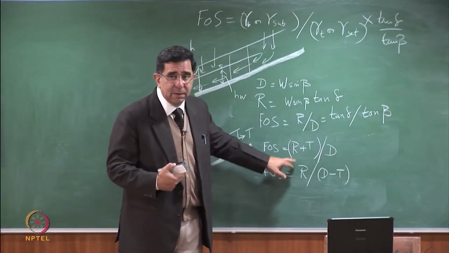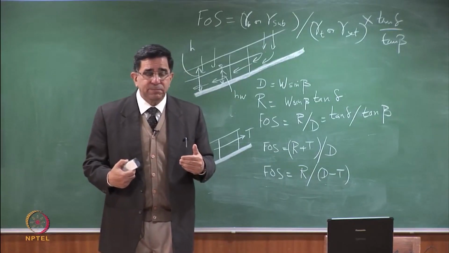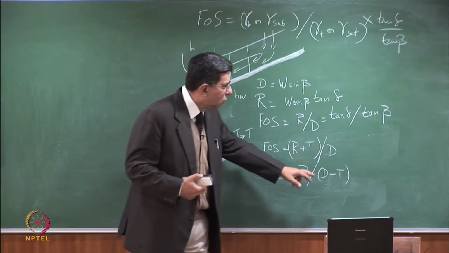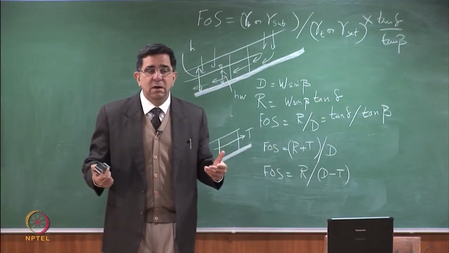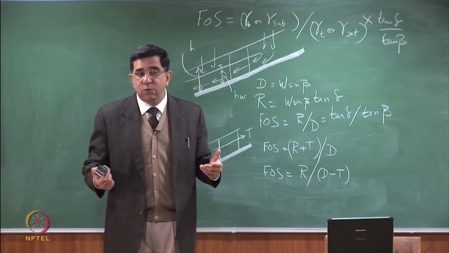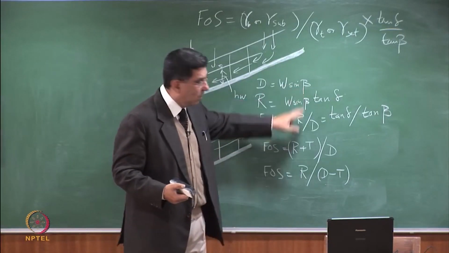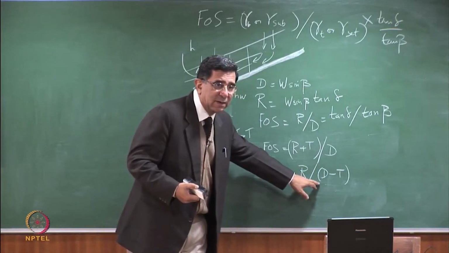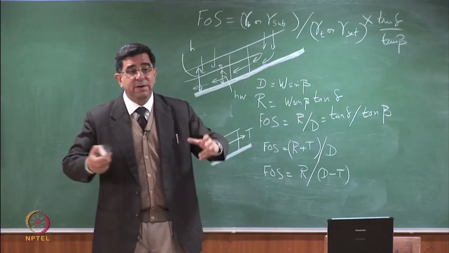Why do I prefer to use the top formula? If my T becomes equal to W sine beta, theoretically I can have a reinforcement with very high T. So if my T becomes equal to W sine beta, what happens to D minus T? Becomes 0, F becomes infinity.